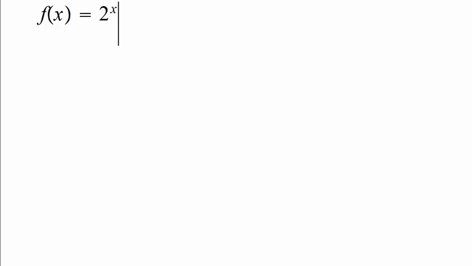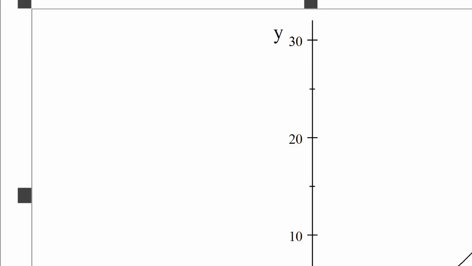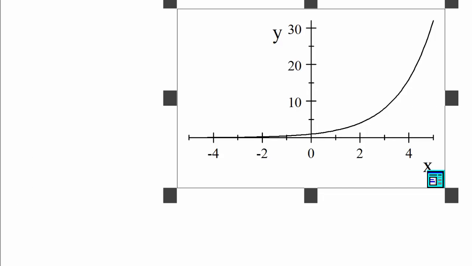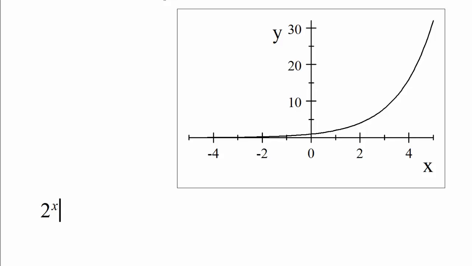Now consider the exponential function f(x) equals 2 to the power x. Now this function is a 1-1 function, therefore it has an inverse. So the inverse of this function, that is the function given by the expression 2 to the power x, is the logarithm function, and 2 is the base of this exponential.